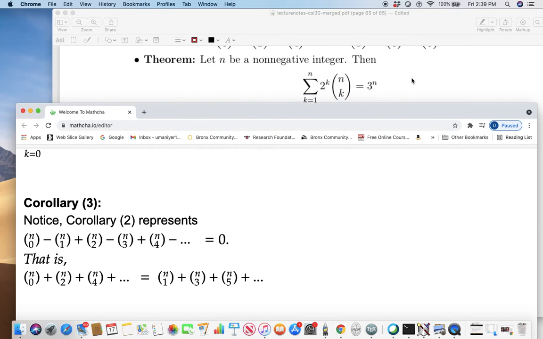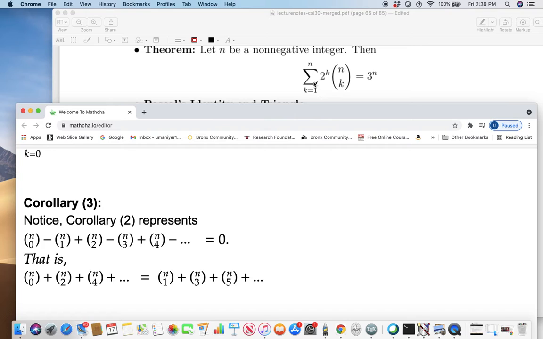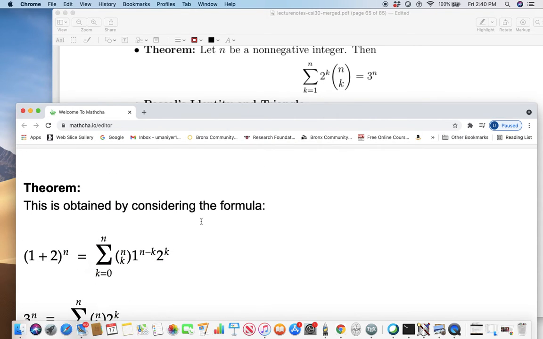Next, theorem. Let n be a non-negative integer, then summation k goes from 1 to n, 2 to the power k, n choose k is 3 to the power n. Something is off here.